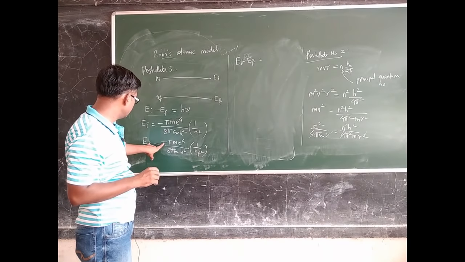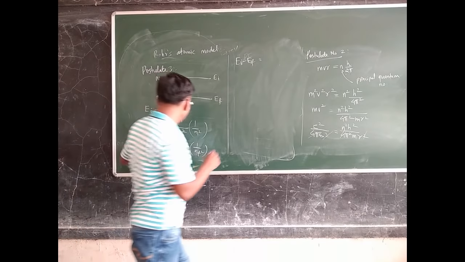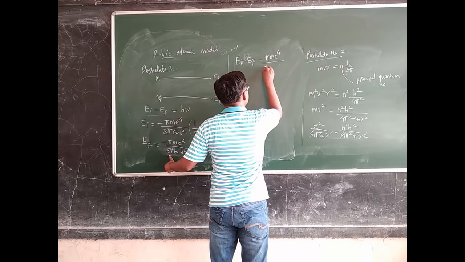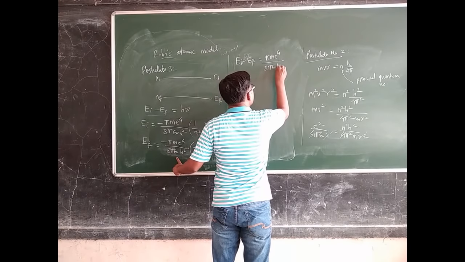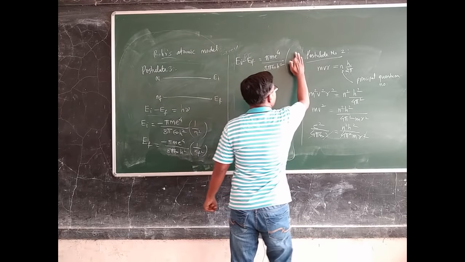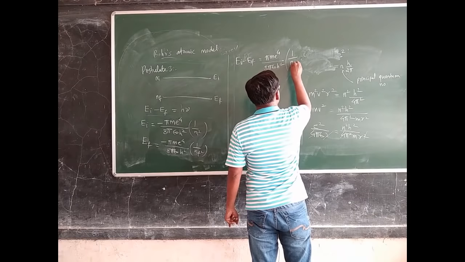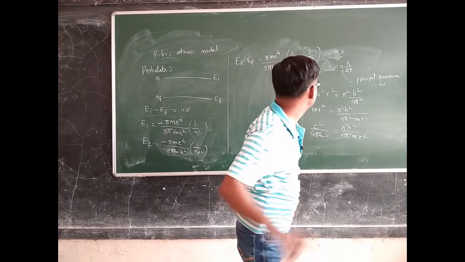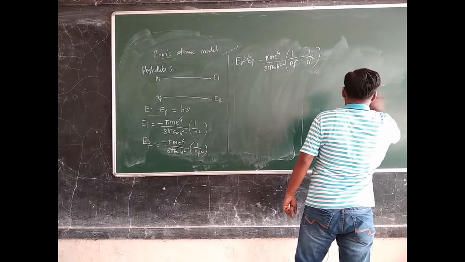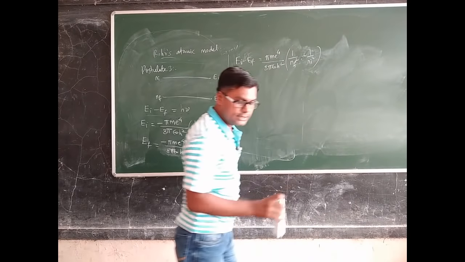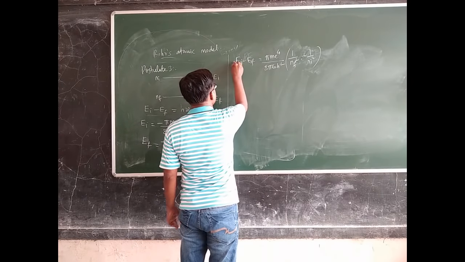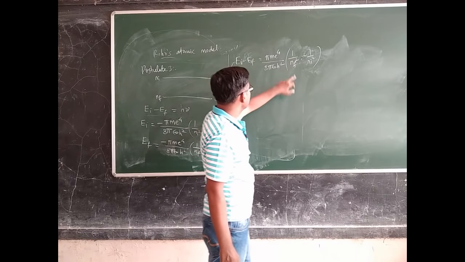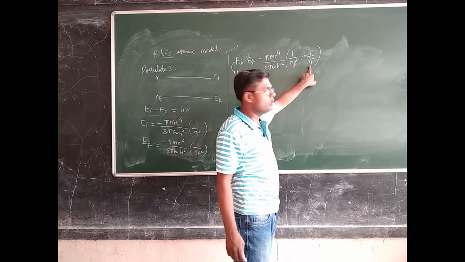Ei minus Ef, so minus minus will be plus, so it will be equal to pi m e to the power 4 divided by 8 pi epsilon 0 square h square, in the bracket, 1 upon nf square minus 1 upon ni square. So this is the final formula. We know that Ei minus Ef is nothing but h nu, so h nu will be equal to this thing. Now nf is the final orbit and ni is the initial orbit.